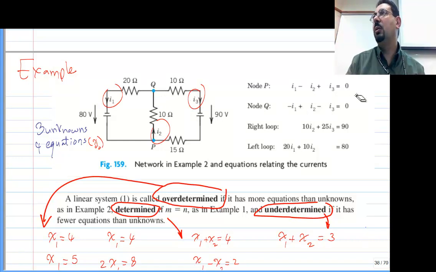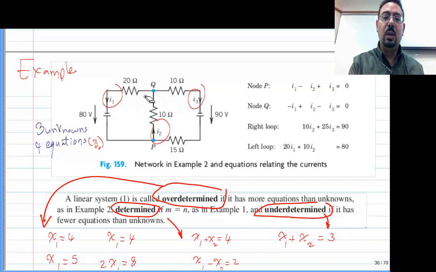There's no storage. The charge coming in will need to leave. So I1 plus I3 minus I2 equals 0. That's point, I guess, P. And then at point Q, I2 is coming and I3 and I1 are leaving. So minus I1 minus I3 plus I2 is 0. So those are the 2 points.